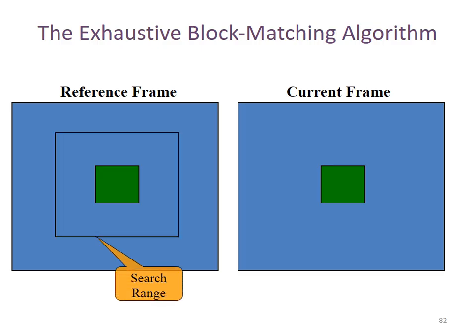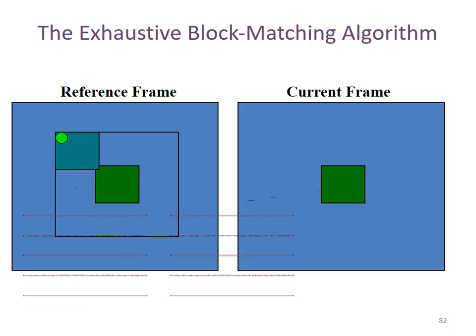After that, we compare the microblock with the first microblock in the search range. For example, we can start from the left top corner. This is the first microblock. And then we can calculate the mean square error between this one and this one. Then we have the result of the difference.